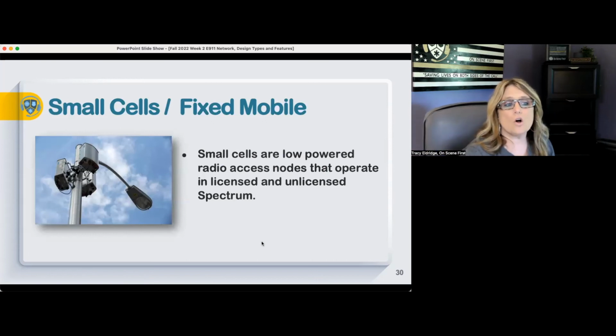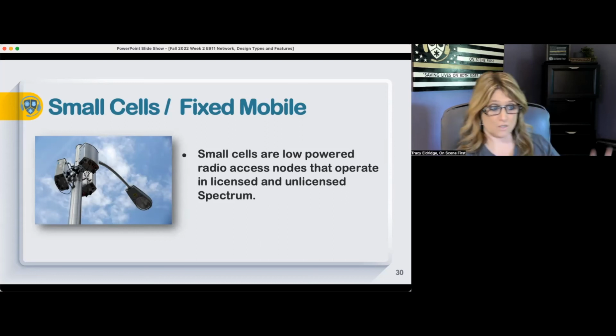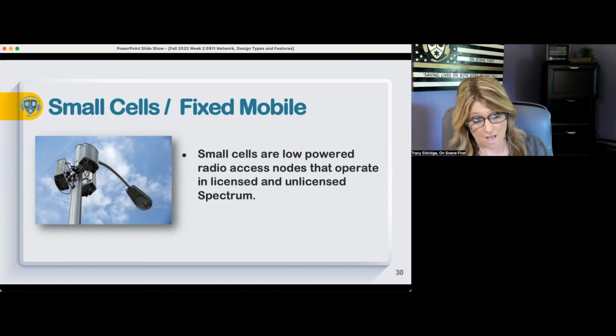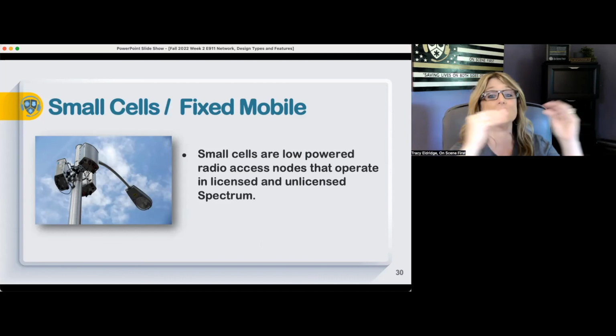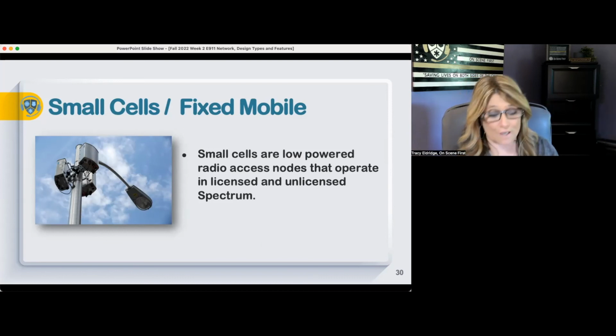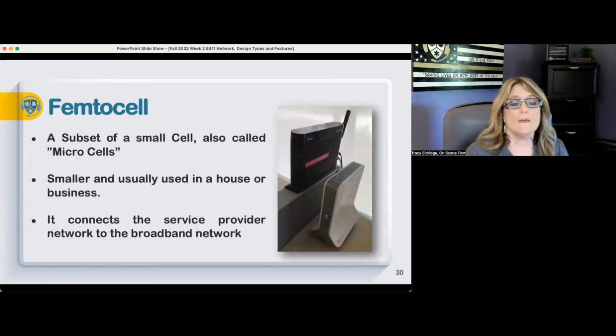Then there's something called small cells or fixed mobile devices. Small cells are low-powered radio access nodes that operate in licensed and unlicensed spectrum, right? So these are smaller cells. And then we're going to get even smaller. We're going to talk about femtocells.